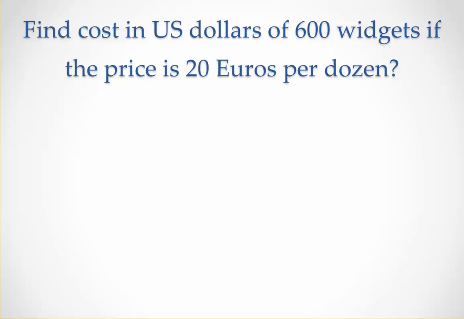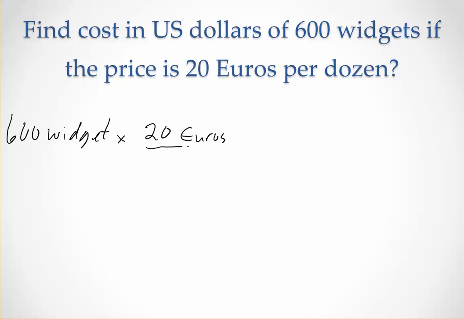So we're actually going from euros to US dollars. So we'll start with the quantity. 600 widgets. A widget is just a generic item. It could be anything. It could be cars, it could be pencils. And then we're going to multiply it by 20 euros.